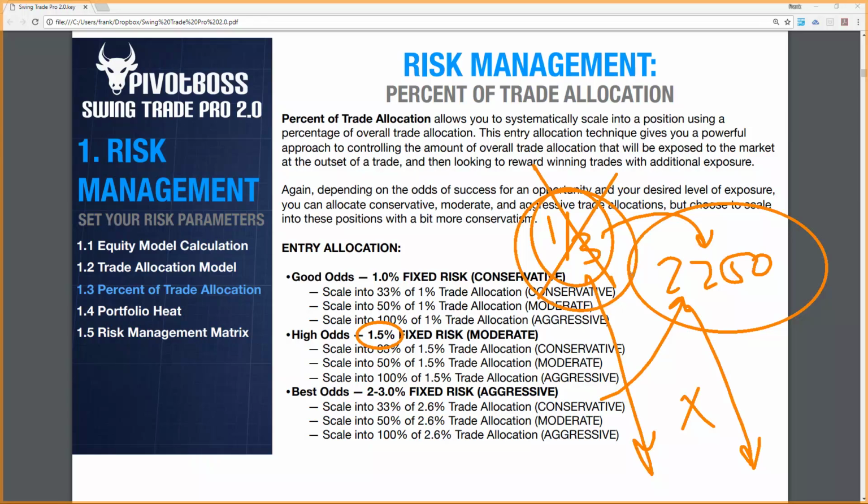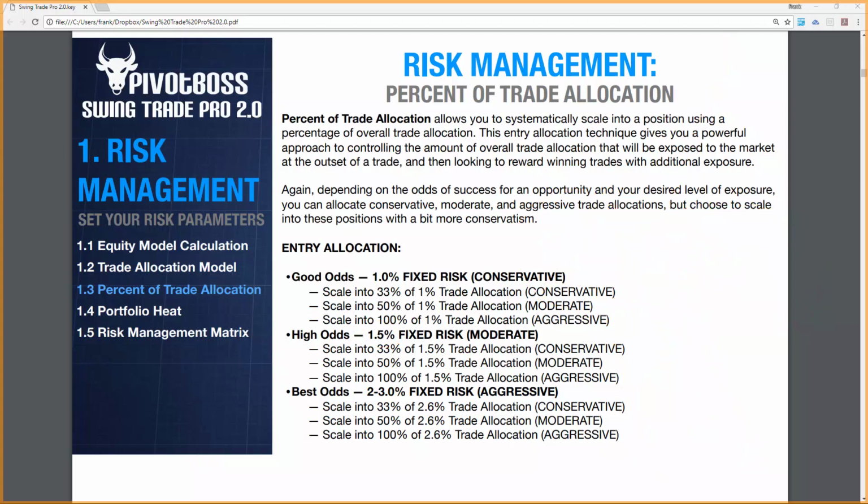Now, if the trade goes up in your favor, you can continue to add those thirds back and reward the winners, and now you're going to make more as the thing continues higher. So again, this is a very, very powerful way to allow you to dip the toe with a small position size, maybe a third or a half of what the original fixed risk is, and then adding the rest of those legs in case price continues to warrant such.